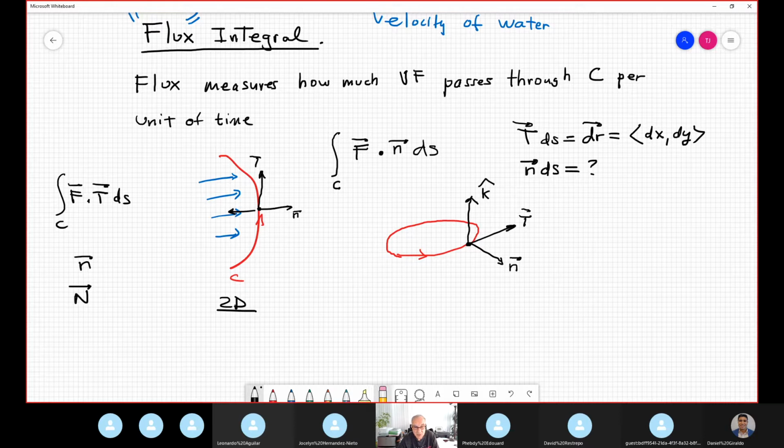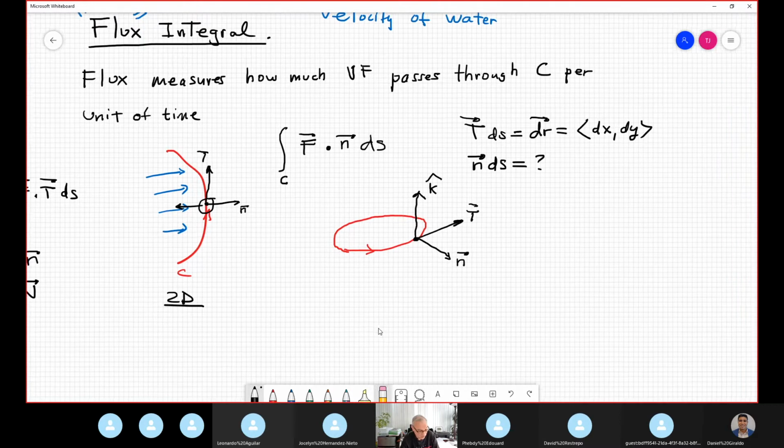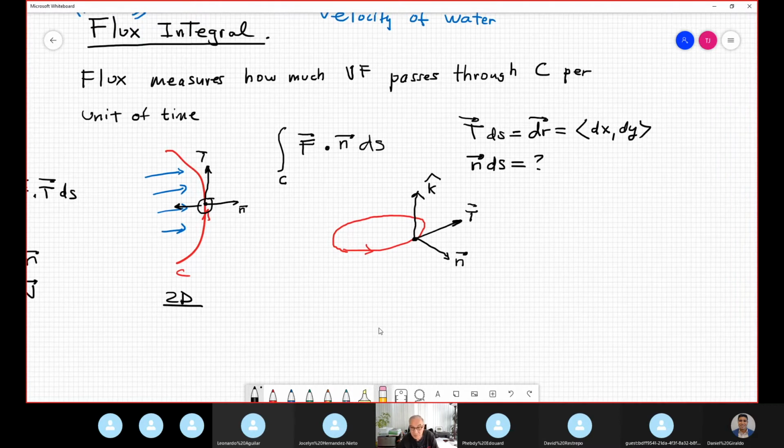So now I have the K vector, but the K vector is perpendicular in this case to the whiteboard, no? I try to do my best here in 3D to understand the idea. So I can see that unit vector n is equal, let me see, this is the cross product, no? Tangent vector cross product K vector. I use the right-hand rule.